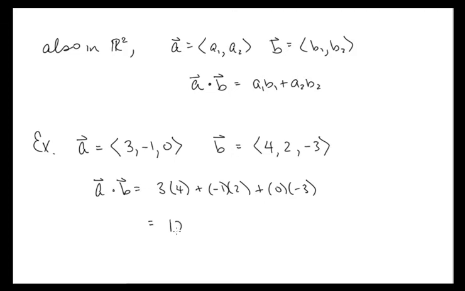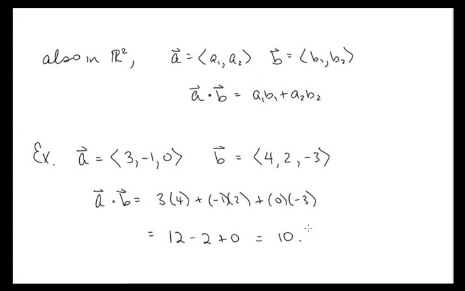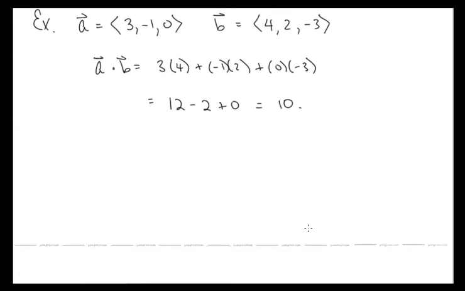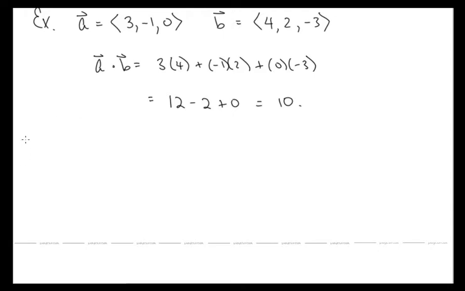And so we're going to get 12 minus 2 plus 0, and so that value is equal to 10. And again, we'll see in a little bit what this tells us geometrically, but for now, we'll leave it at that. Now let's take a look at some of the properties of dot product based on the definition.